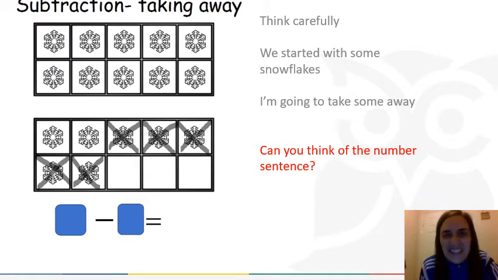Super. Let's see if you can write the number sentence. So the first number in our number sentence, I'm just going to pop a little red line around it now, was the amount we had at the beginning. How many did we have at the beginning before we took any away? Write that number down now.